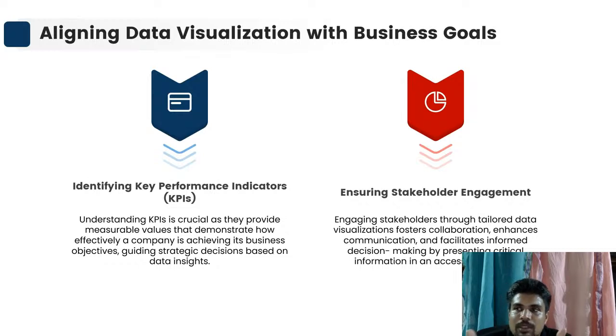If it is quality, it should be the higher the better. If it is an error rate, it should be the lower the better. So that's how it is getting defined. Key performance indicators play a vital role in creating data visualization in business, because everything in the business is going around that particular KPI.